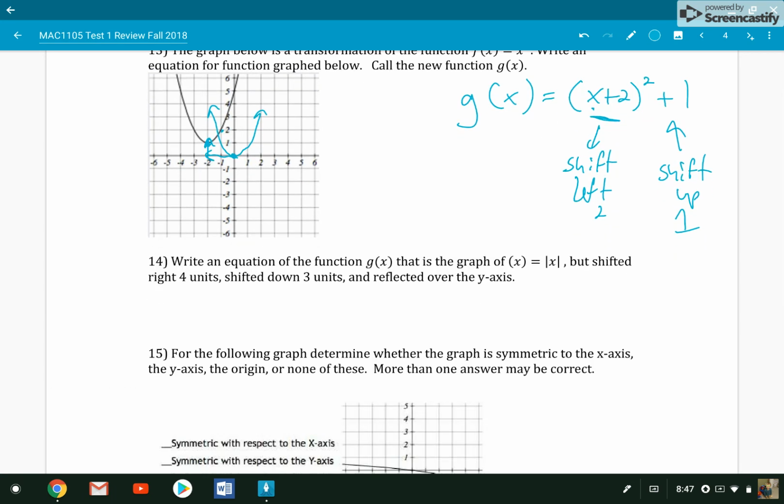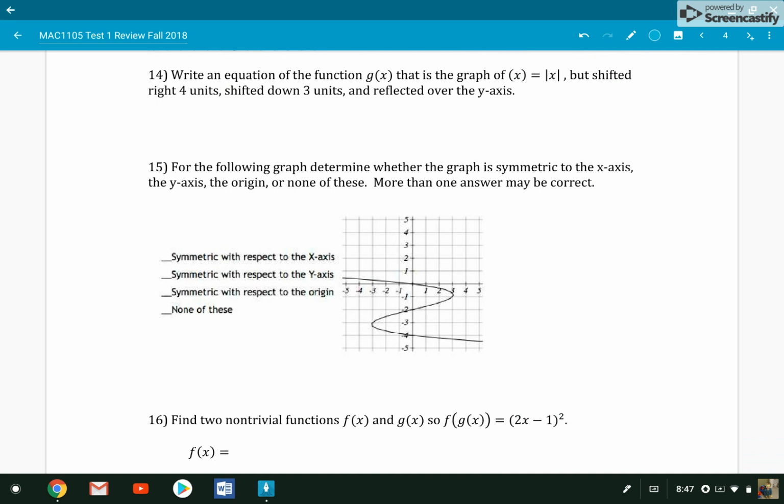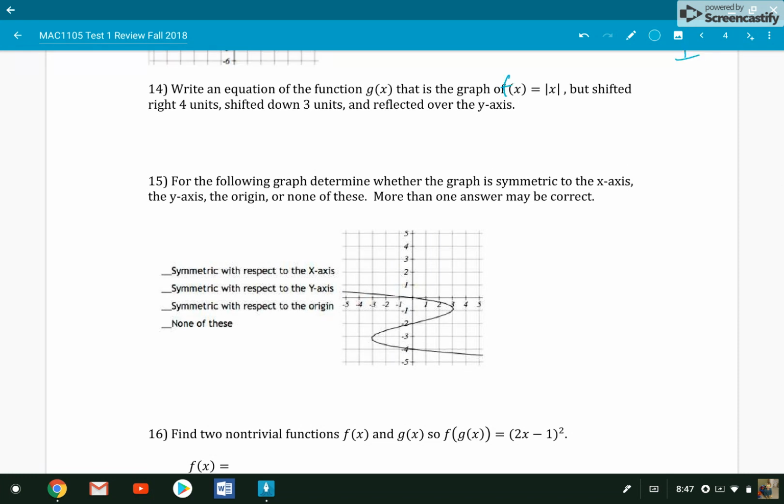Similar idea, number 14. We just don't have the graph. So write an equation of the function g of x that is the graph of f of x equals the absolute value of x, shifted right 4 units, shifted down 3 units, and reflected over the y-axis. So we're just going piece by piece.